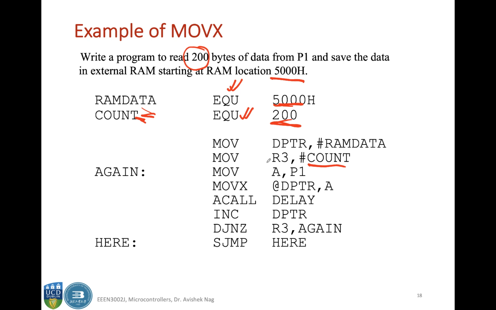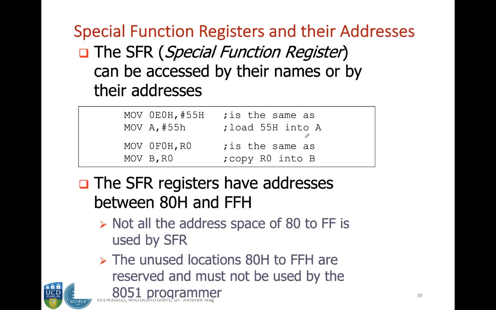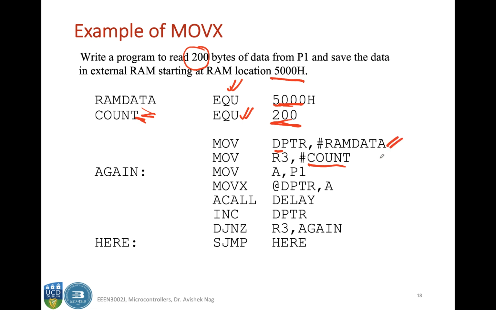Notice how you are using these directives EQU, which you learnt about previously. Your DPTR is initialized with this RAM data, which is equal to 5000 hex, and your R3 register is initialized with this count, which is 200. You are moving the first byte from P1 to A and sending it to the RAM location pointed by DPTR, currently that is 5000. Then after some delay, you are incrementing the DPTR.